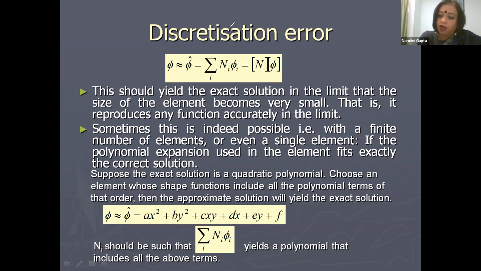So therefore, we should try to choose our interpolation function accordingly. We should choose the interpolation function such that it is a polynomial of the correct order. And when I say correct order, I mean that the order should match the polynomial, which is the exact solution. The problem here is that I do not know a priori what is the order of the exact solution. So what should I do?